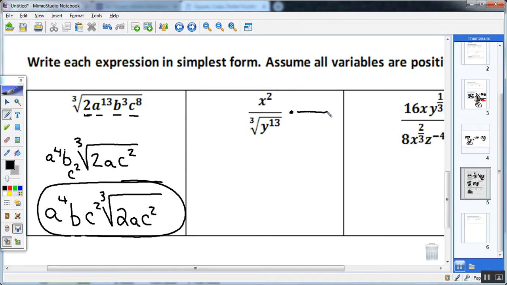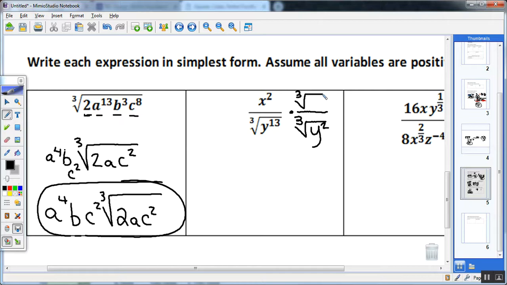So what I'm going to do is multiply by a form of 1. We're going to multiply by the cube root of y to the... I've got 13. How many more do I need to get to 15? 2 more. Why am I putting a 2 in here? Because when I combine these two, this is going to become the cube root of y to the what now? Okay, and up top, if I'm multiplying by a form of 1, what do I need to put up top?